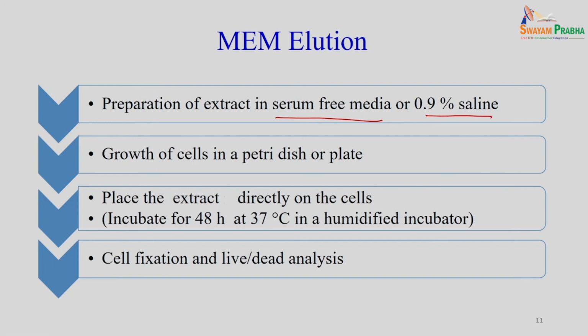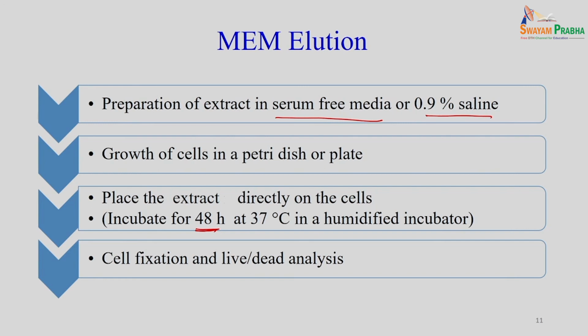After that, you have to add the extract to those cells, and we incubate here for a bit longer time, about 48 hours. Then you have to fix and analyze the live and dead cells. So, these are the three methods: direct contact, agar diffusion, and the elution method.